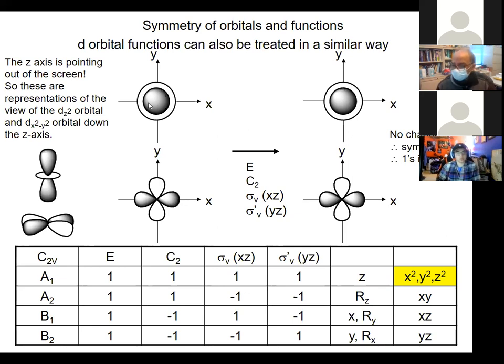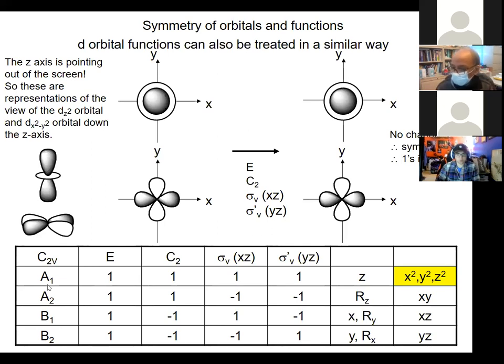If you look at both of the orbitals along the z-axis, the dz squared looks like the one on the top, and the dx squared minus y squared looks like the one at the bottom. Now, if you do E, C2, sigma xz or sigma yz, no matter what you do, in all 4 operations, the shape or the orientation of the lobes in this orbital remain unchanged.